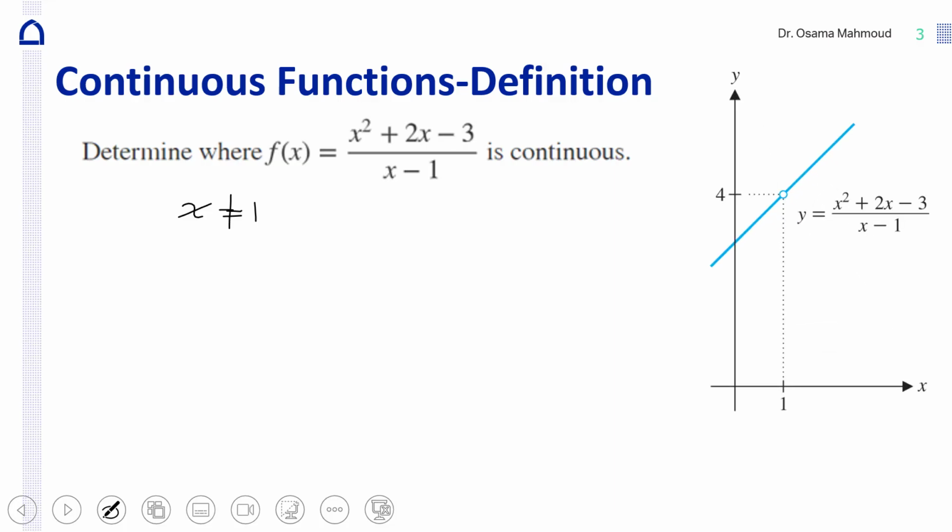If we graph this function, we have a line. How do we get a line? Because after we factorize the numerator, because we have a negative sign here, we factorize the 3 into two numbers. Because 3 is a prime, we have only 3 and 1 as a factorization.